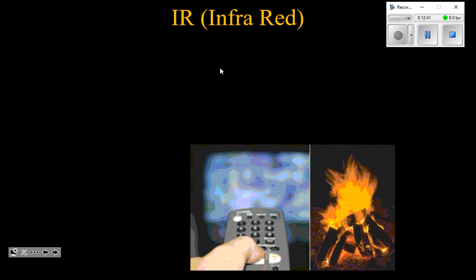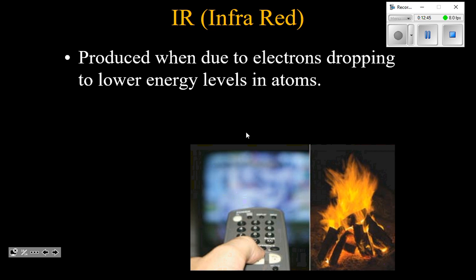Infrared. So IR, or infrared, a couple of things that are important about it. First of all, and we're going to see this for infrared, visible, and for ultraviolet, they're all produced the same way. Electrons receive energy. Electrons jump up to a higher level in an atom. They can't stay there, so they drop down.